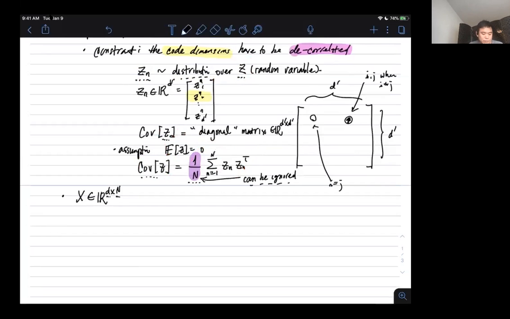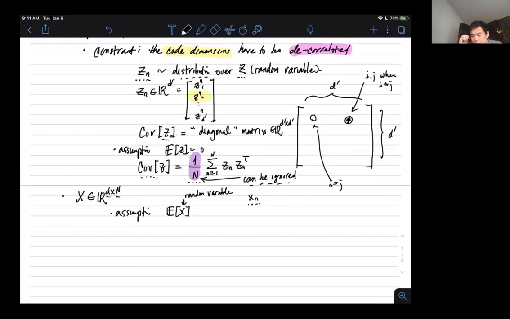So now we look at the input matrix, and we're going to make another assumption, that the expectation of this X, so the X here is a random variable, right? Why is it a random variable?